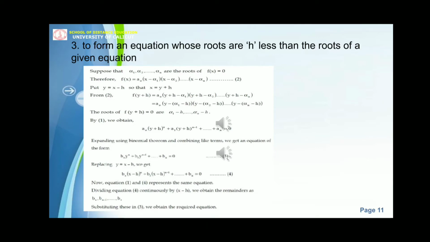Therefore, to form an equation whose roots are h less than the roots of a given equation, we just give the substitution x = y + h and simplify the equation. Similarly, to form an equation whose roots are h greater than the roots of the given equation, we just have to diminish the roots by minus h.